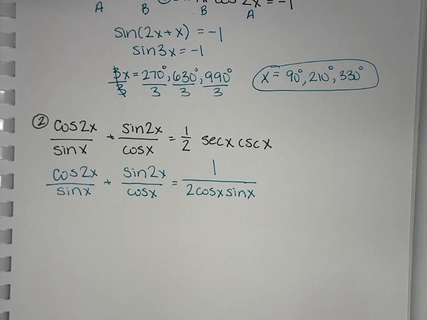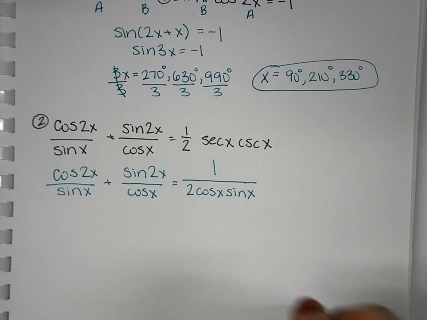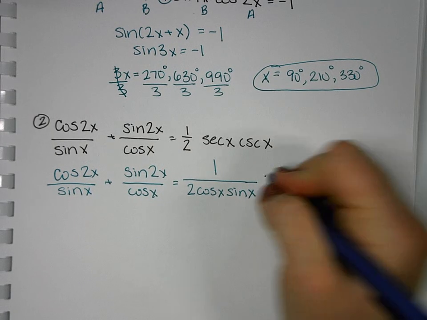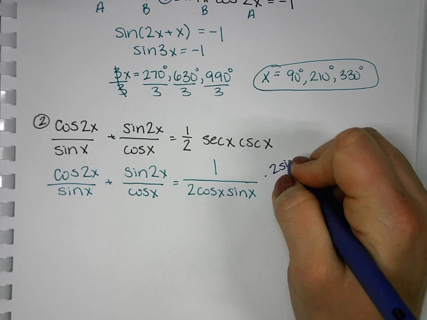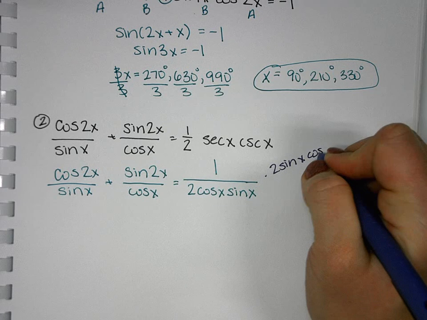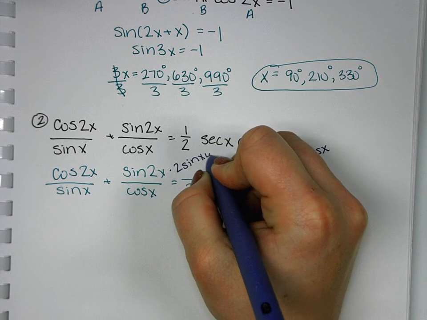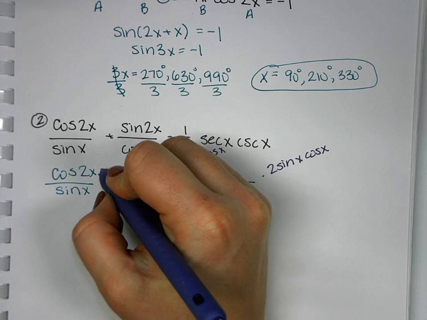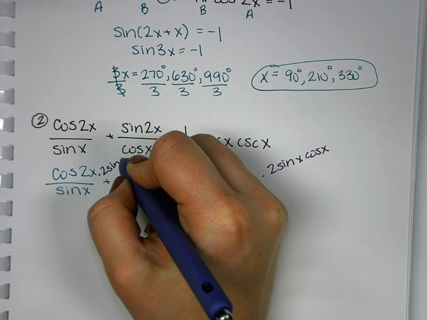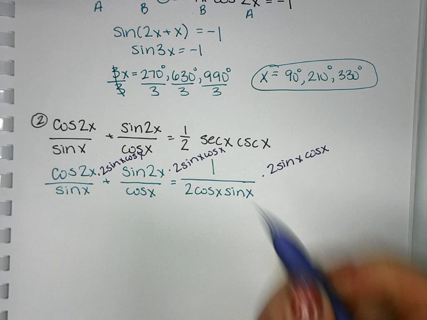So from here I go, okay, now I have my fractions, everything sine and cosine. Because it's an equation, I can multiply everything by my common denominator to cancel it out. So my common denominator is going to be 2 sine x cosine x. So if I multiply everything by 2 sine x cosine x, I'm going to be able to get my denominator to cancel out.